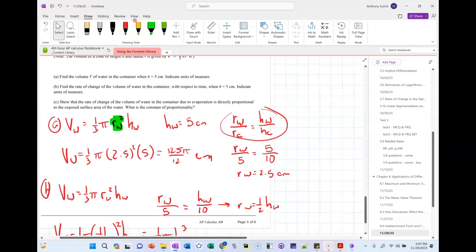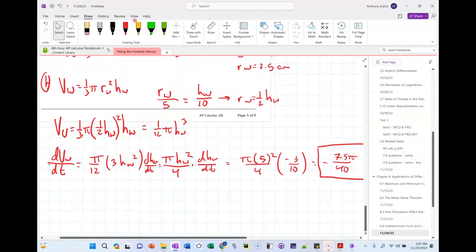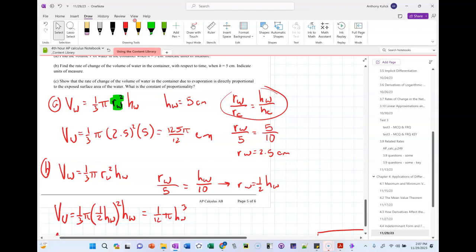It then says show that the rate of change of the volume of water in the container due to evaporation is directly proportional to the exposed surface area of the water. What is the constant of proportionality? Show that the rate of change of the water, okay?